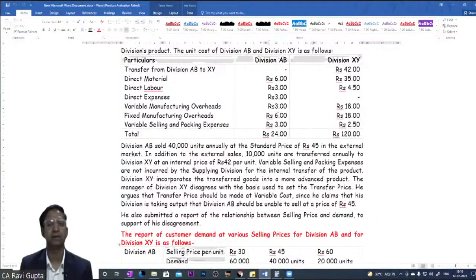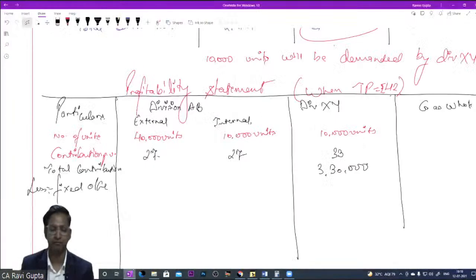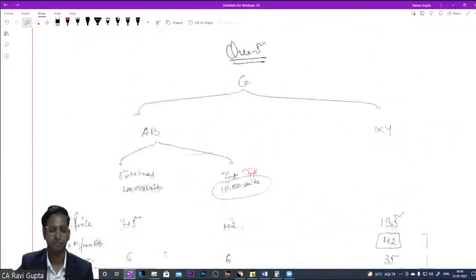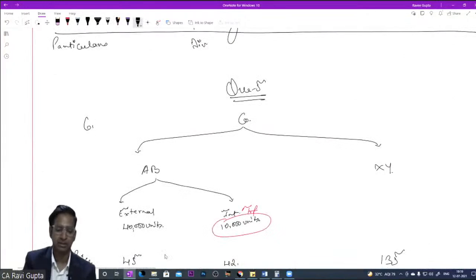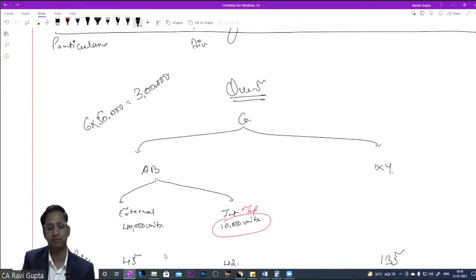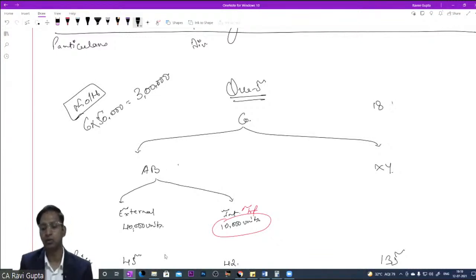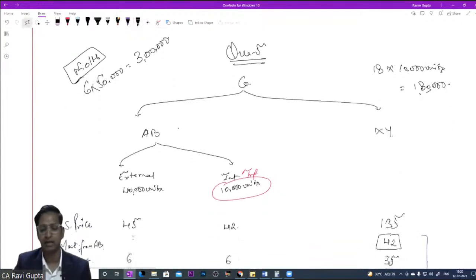So 6 multiplied by 50,000 is 3 lakh rupees, the fixed overhead for division AB. For division XY, we have 18 rupees multiplied by 10,000 units, which is 1,80,000 rupees.